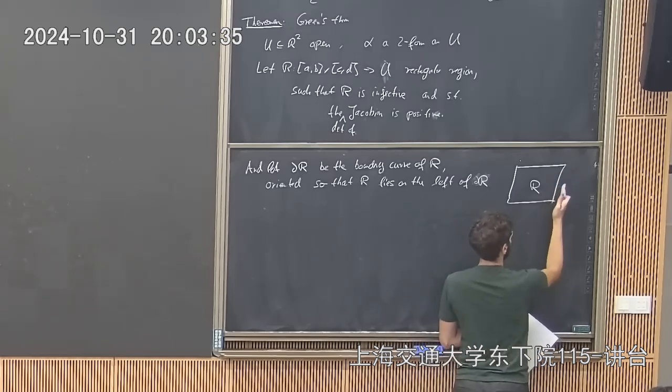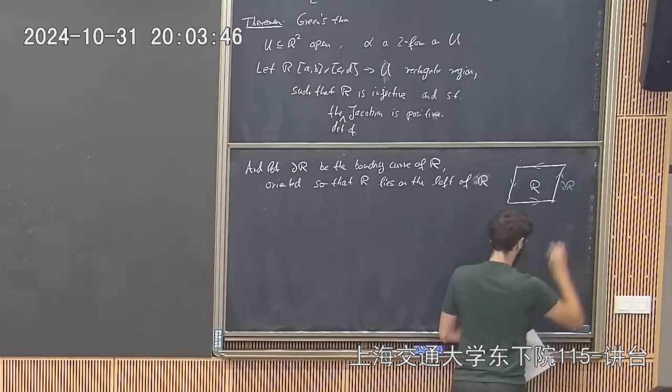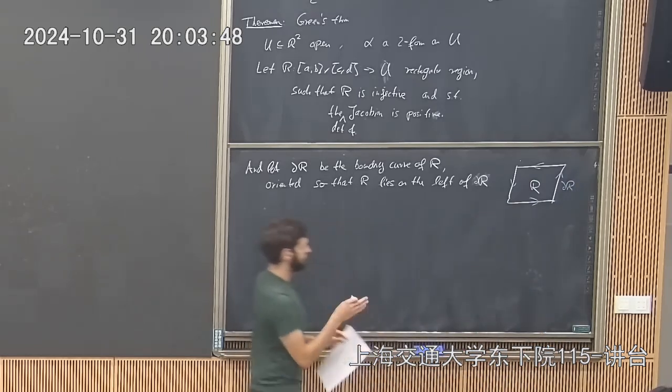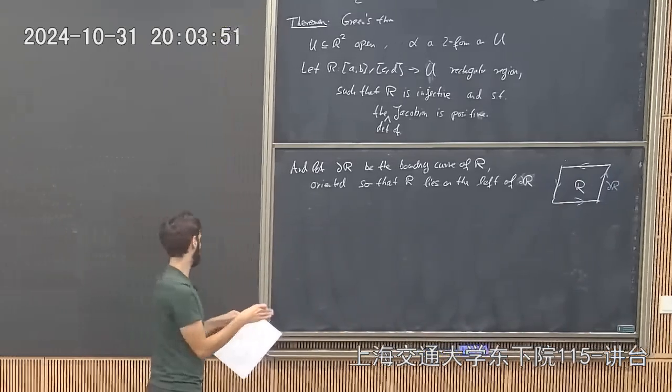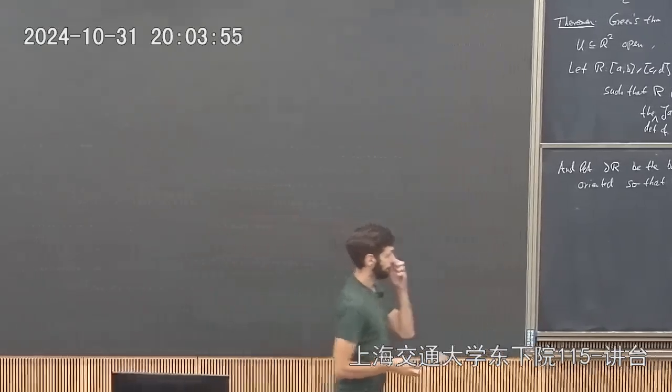So we walk up here and then look to the left, and we want R to be here. So we walk around the boundary in such a way that if you look left, then you see R.